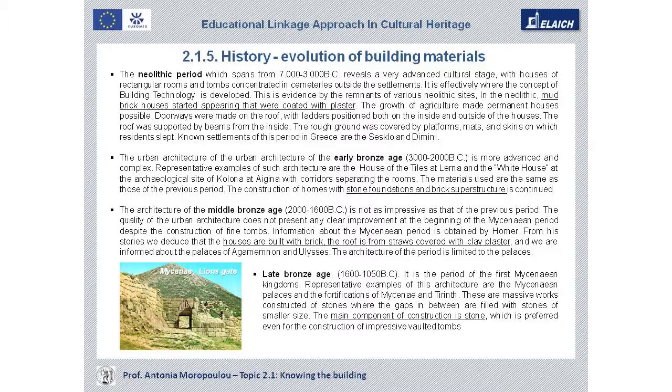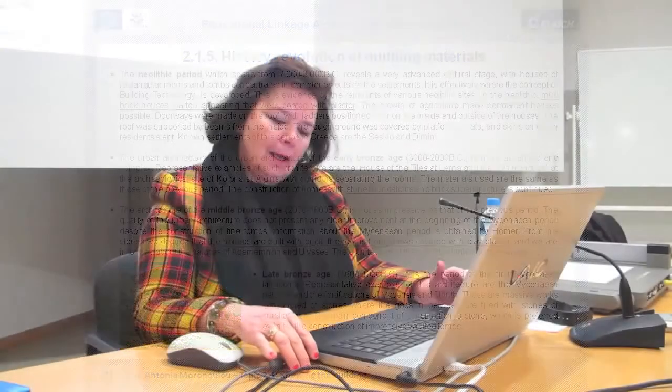In the later period, brick technology is starting with mud bricks to be presented in constructions, sometimes coated with plasters. In Greece, we have allocated these architectural and material examples in Sesklo and Dimini.